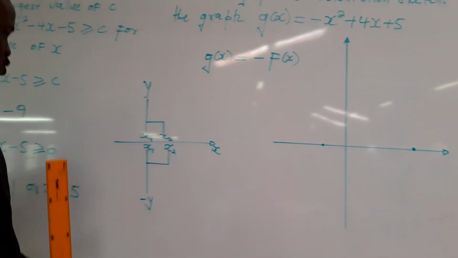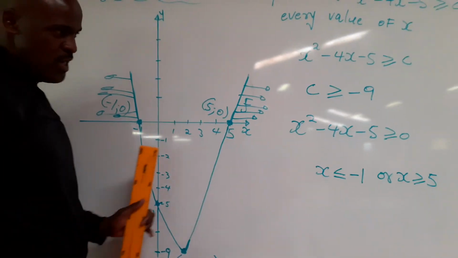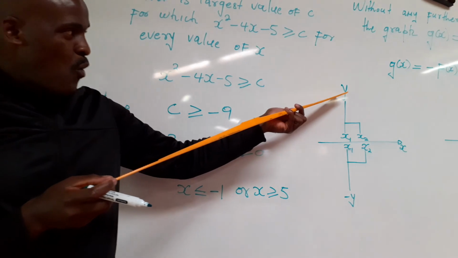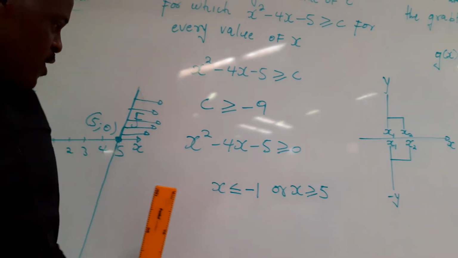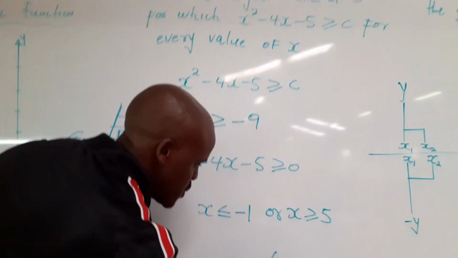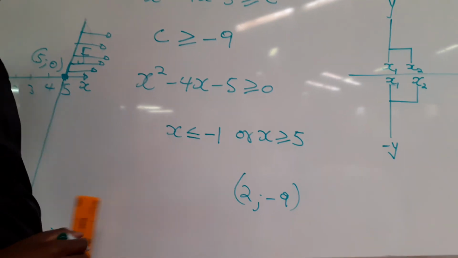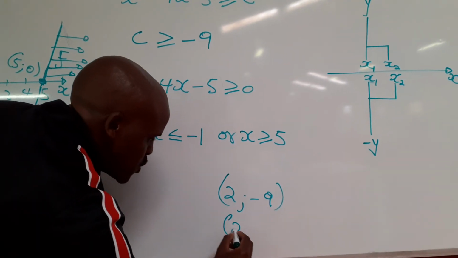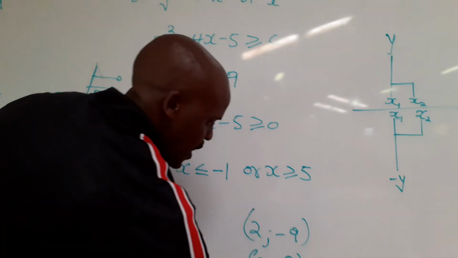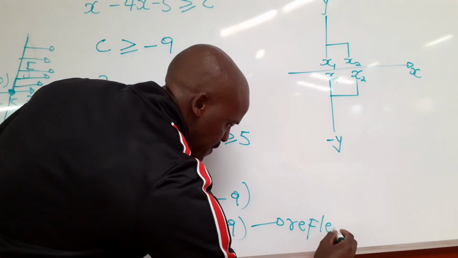The only thing that will be changing here are the values of y. When you are to reflect about the x-axis, we multiply our y by negative. So, when you look here, our turning point, 2 is to negative 9. After reflection, this will be 2 is to 9. This is the reflection.